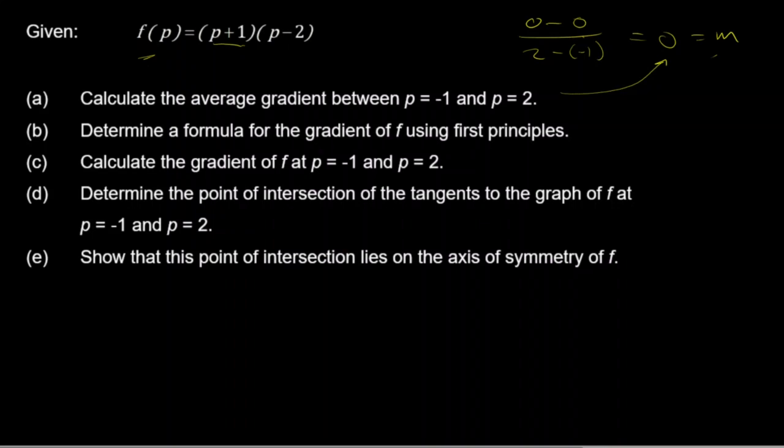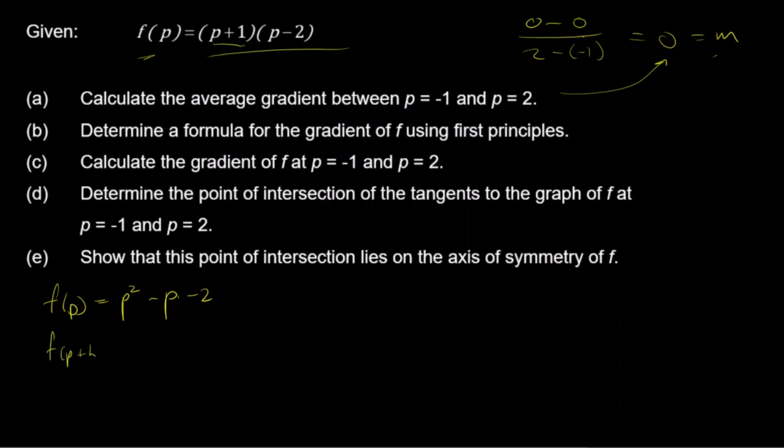Determine a formula for the gradient of f using first principles. Well, we don't have a product rule, so let's just multiply that out, because we can say then that f of p is equal to p squared, well, minus 2p plus p gives us minus p, and then minus 2. So then we'll have f of p plus h.